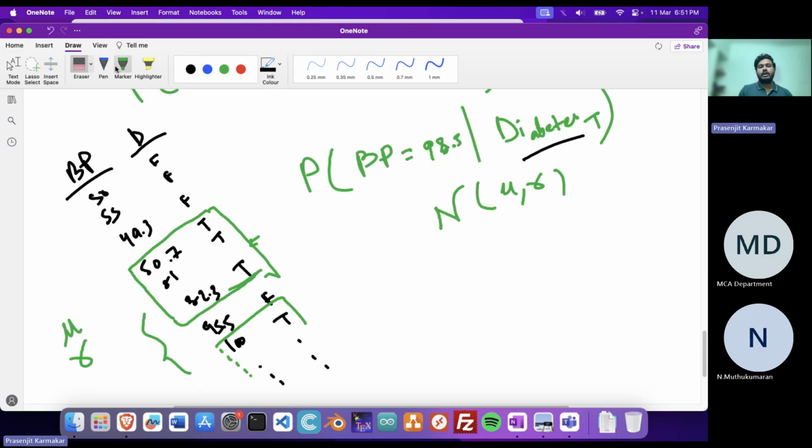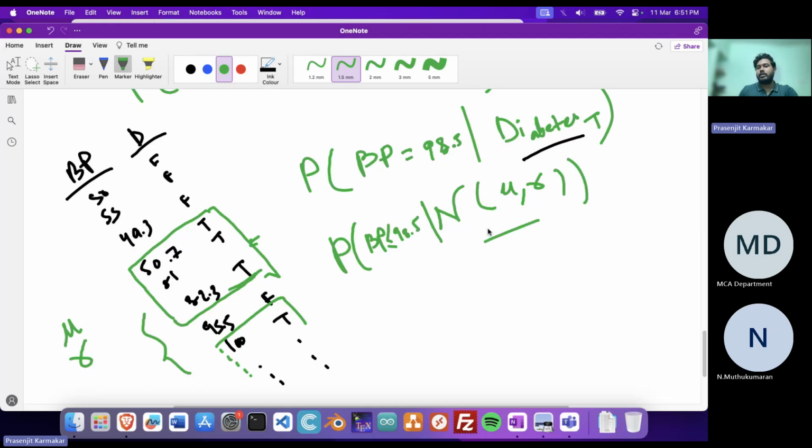So you cannot compute the instantaneous probability from a continuous distribution, right? So it will be the probability of BP less than or equal to 98.5 given this. Let's just write it clearly. Probability of BP less than or equal to 98.5, given I have this probability distribution, right?